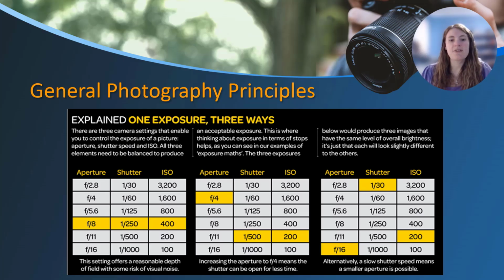So let's say the photographer wants to create an artistic blur in the photograph, but they still need the photograph properly exposed. To create the artistic blur, they will use a smaller f-stop, which creates a larger opening of the diaphragm, allowing more light onto the sensor, which creates a more shallow depth of field. To maintain the same exposure then, the photographer will adjust the other two settings to compensate.